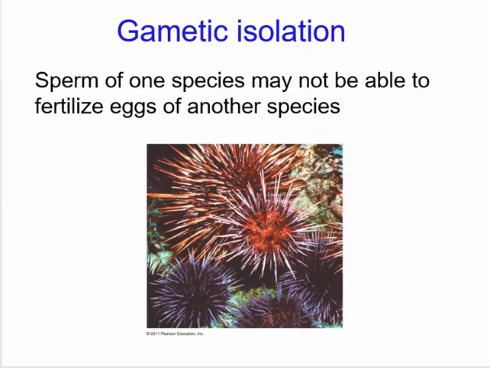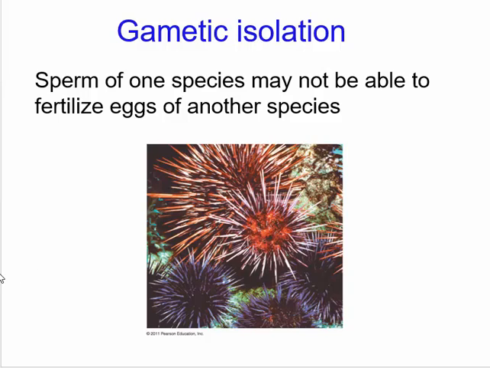As we move further along, there's gametic isolation. Maybe a mating attempt has occurred, but the gametes can't fuse. In this example, there's a picture of urchins. Urchins and some other kinds of marine organisms like them broadcast spawn.